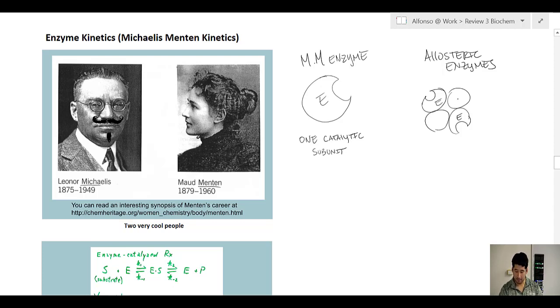You see how it has two of these little indentations? We're going to call this the catalytic site. Well, look, this one right here, the Michaelis-Menten enzyme, has one catalytic site, but the allosteric one has 2 catalytic sites. So this means that allosteric enzymes have more than one catalytic subunit.